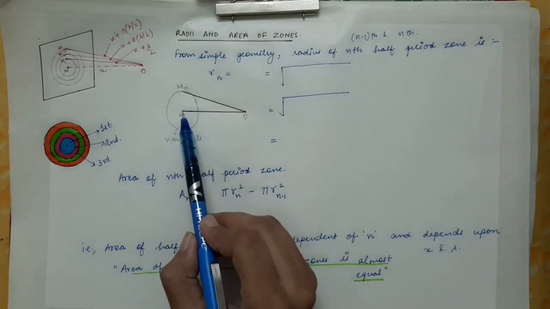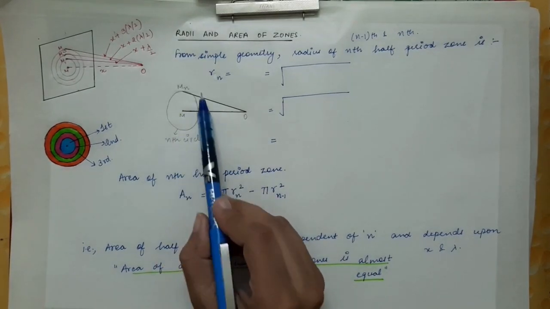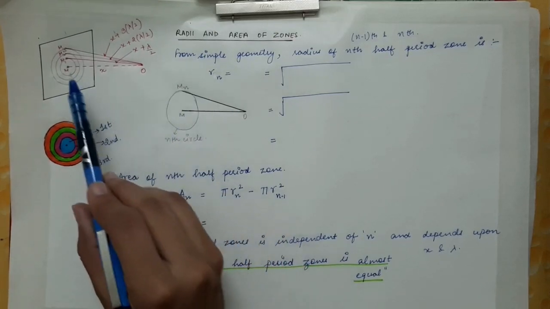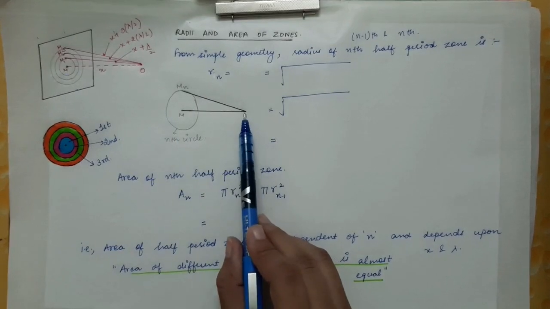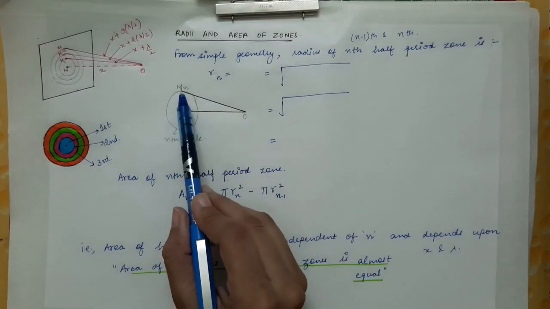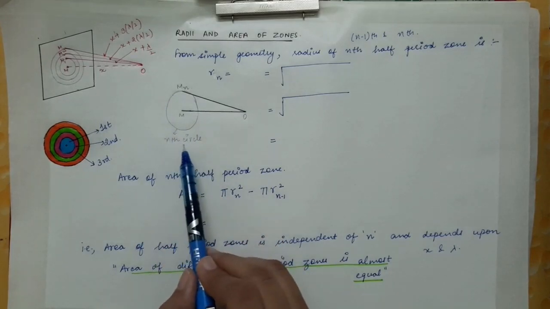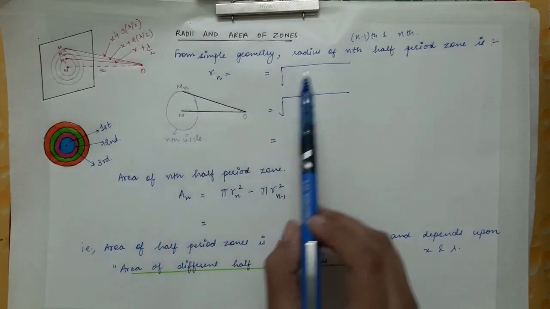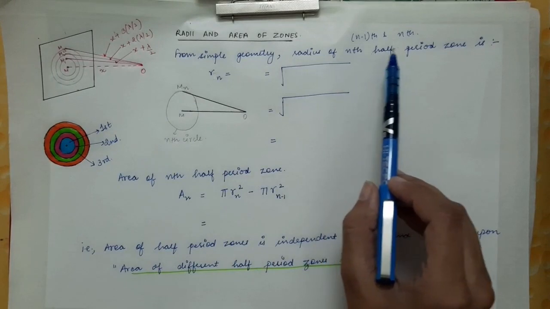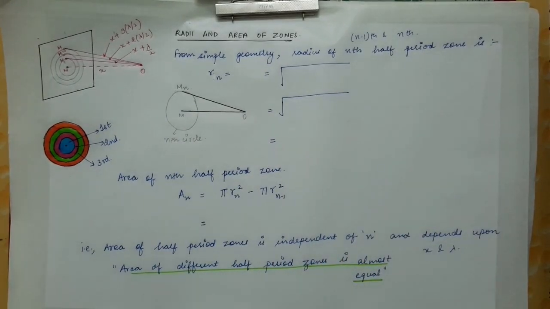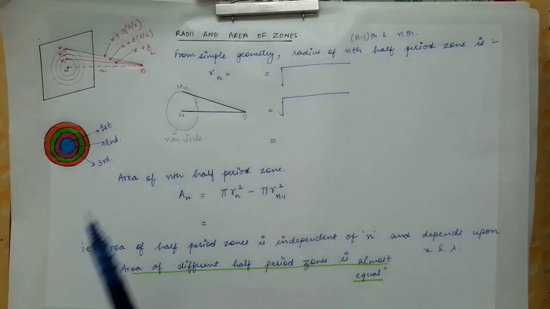So here we have drawn the nth circle, in a more general way. So this is the point M, which is the pole. Here we have the observation point, and this point will be Mn, because we are drawing the nth circle over here. So we are just finding the radius of the nth circle.